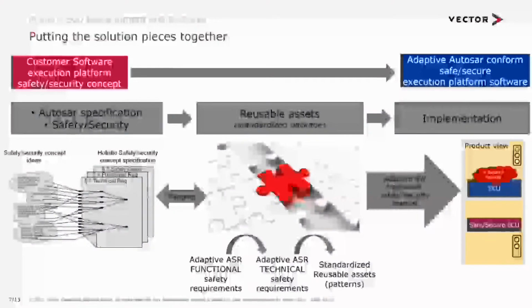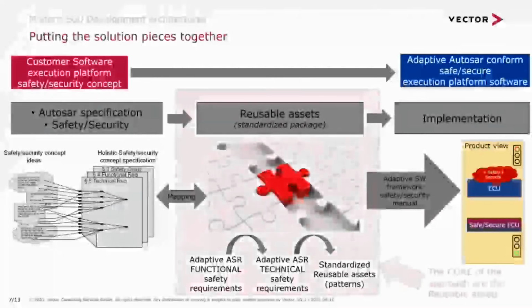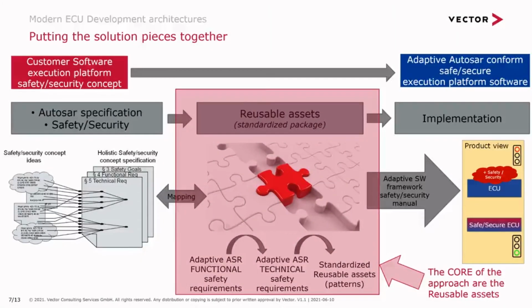So the core of our approach, how to bridge the left and the right side, considers the already available functional and technical level documentation from Autosar, and we were able to extract or synthesize some standardized reusable assets or patterns which provide a meta level, a technical solution level, but still allow freedom for the precise technical execution.